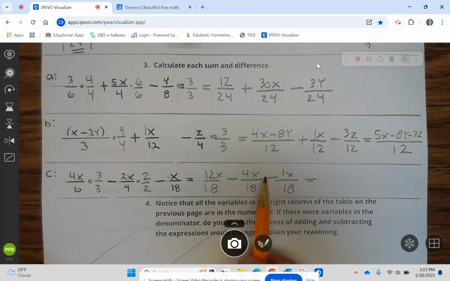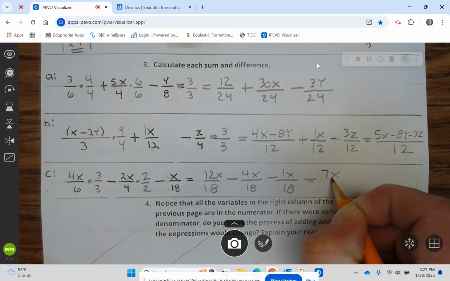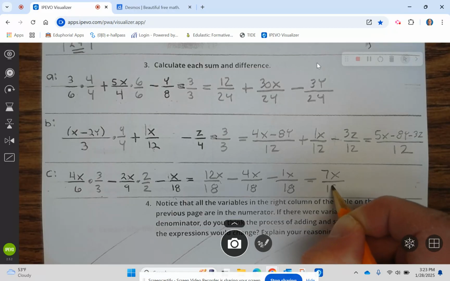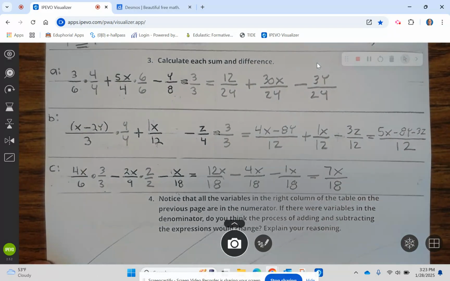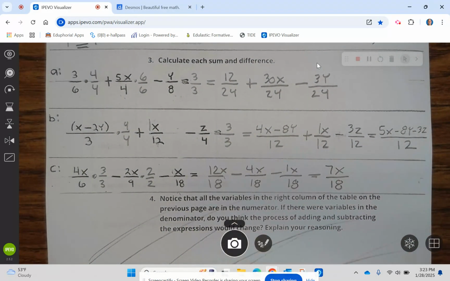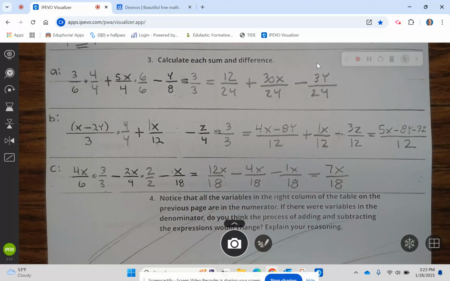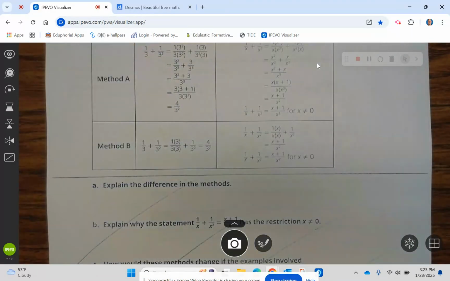So 12 minus 4 minus 1 is 7x divided by 18. All right, go ahead and finish it up and mark out number 4. Let's take a look at the next page.